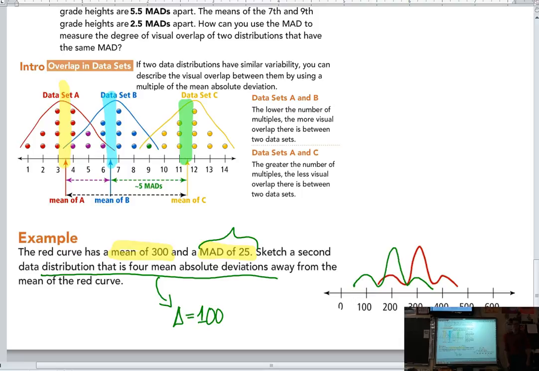Or I could go my next data set higher than this data set, or lower, and I could scoot it. My green went 4 mean absolute deviations lower. My blue went 4 mean absolute deviations higher. It doesn't matter which way I go, I'm 4 mean absolute deviations away.